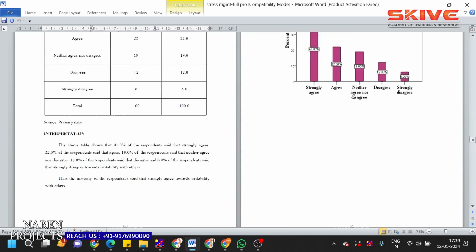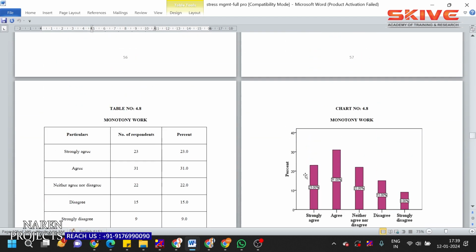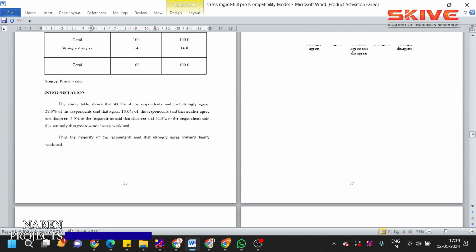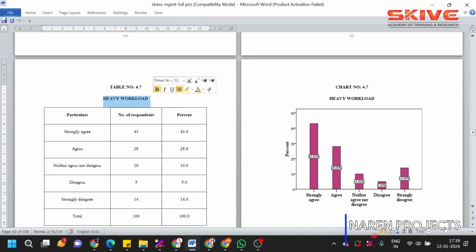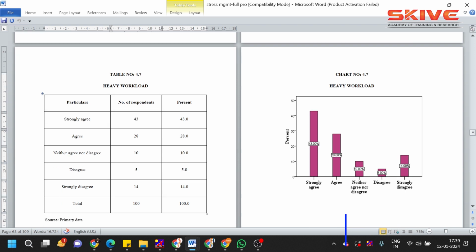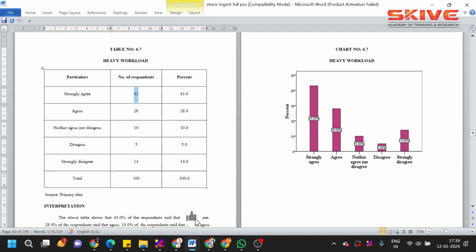For example, I will take a question on heavy workload. The employees were asked, do you have any heavy workload? Most of the employees say that there is a heavy workload, so there may be stress based upon the workload, which was identified in the interpretation.